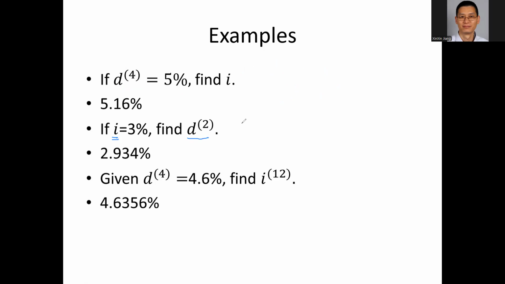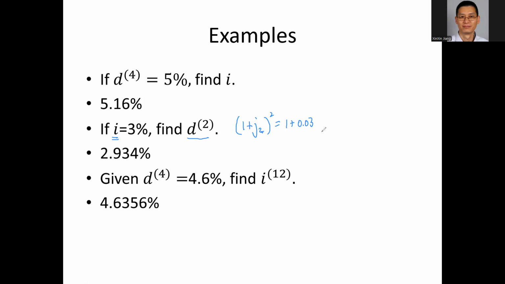So I need to figure out the half-year effective interest rate. Let's do j sub 2, where j2 squared equals 1 plus i. From this equation, I can get j2.